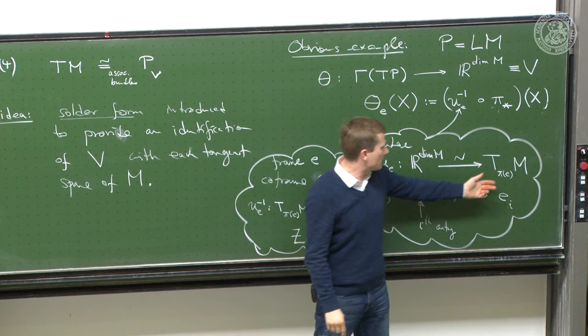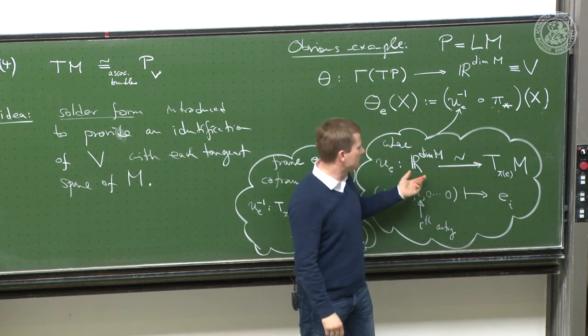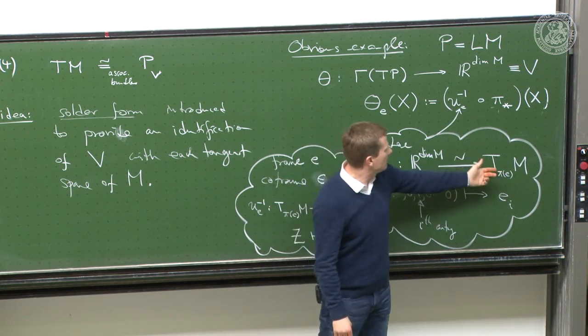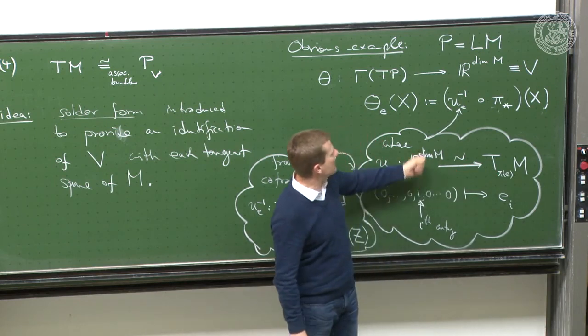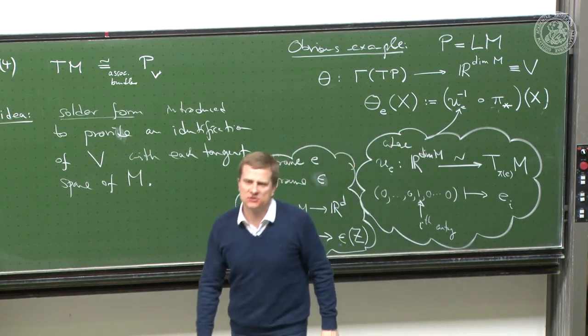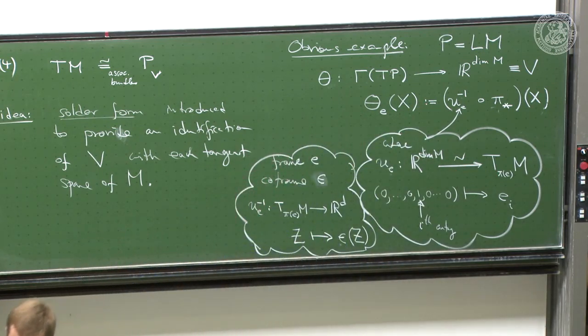Okay? Then we talk about the internal space and so on. And really, if you want to understand how this belongs together, this precisely is the task of the solder form. Okay? So this is the precise mathematical formulation of what is often only said in the frame formalism. And only that allows us to have torsion.